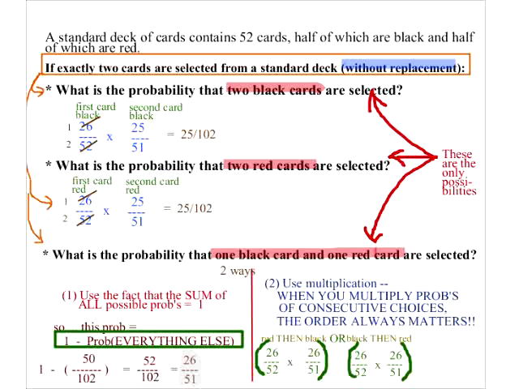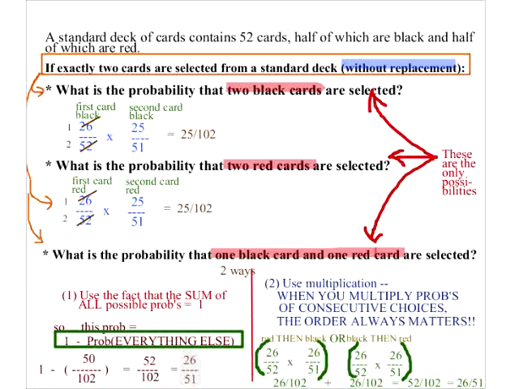So if you reduce these fractions, then you wind up with 26 over 102 plus 26 over 102, which is 52 over 102, which is 26 over 51, which is what we want. So same answer we get either way.